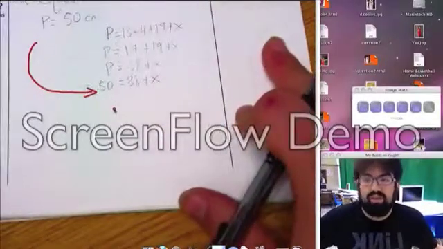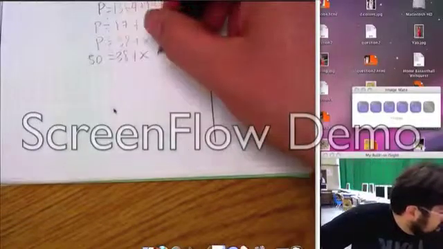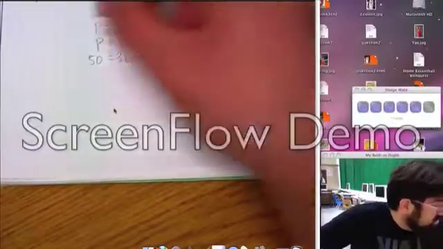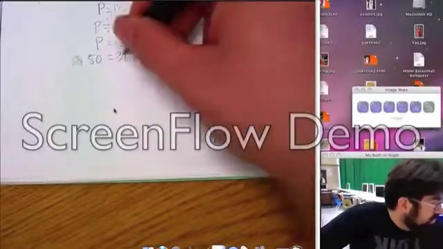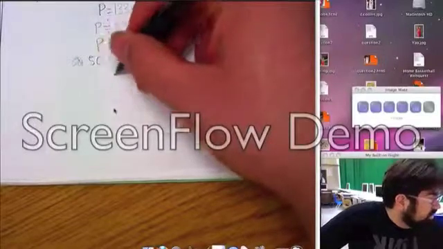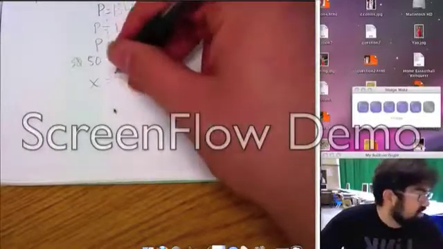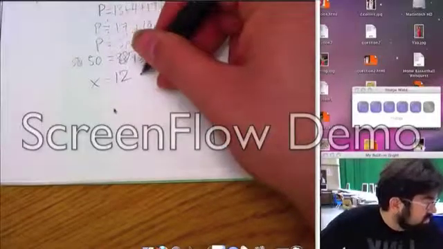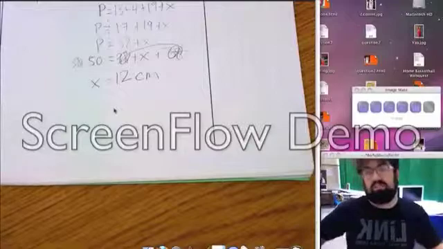And now we're going to solve it. I'm going to add negative 38 to both sides. These two equal 0, that's gone. So x equals 50 minus 38, which is 12 centimeters. And we're done. That's it.